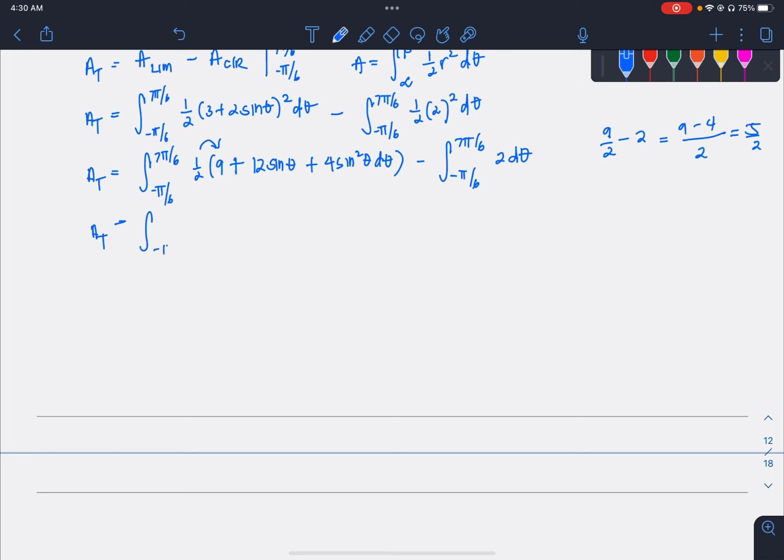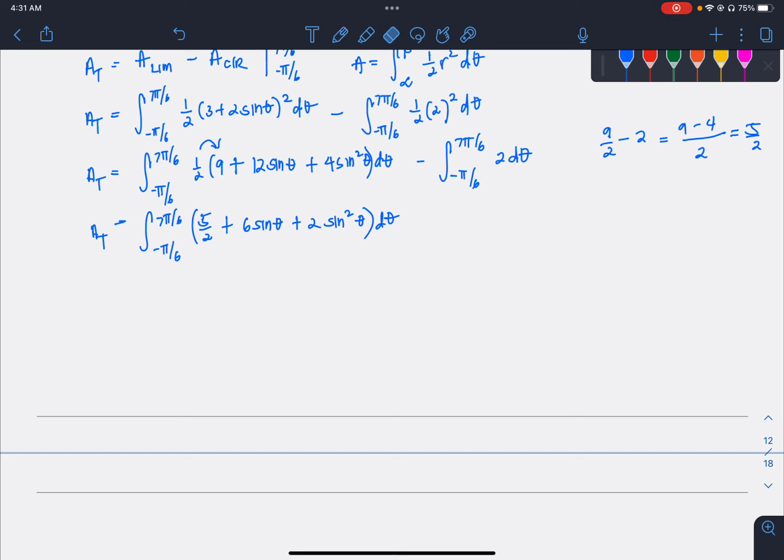So from negative pi over 6 to 7 pi over 6, distributing, we have 5 over 2, plus 1/2 times 12, that is 6 sine theta, and then 4 times 1/2, that would be plus 2 sine squared theta, and then everything is multiplied by d theta.